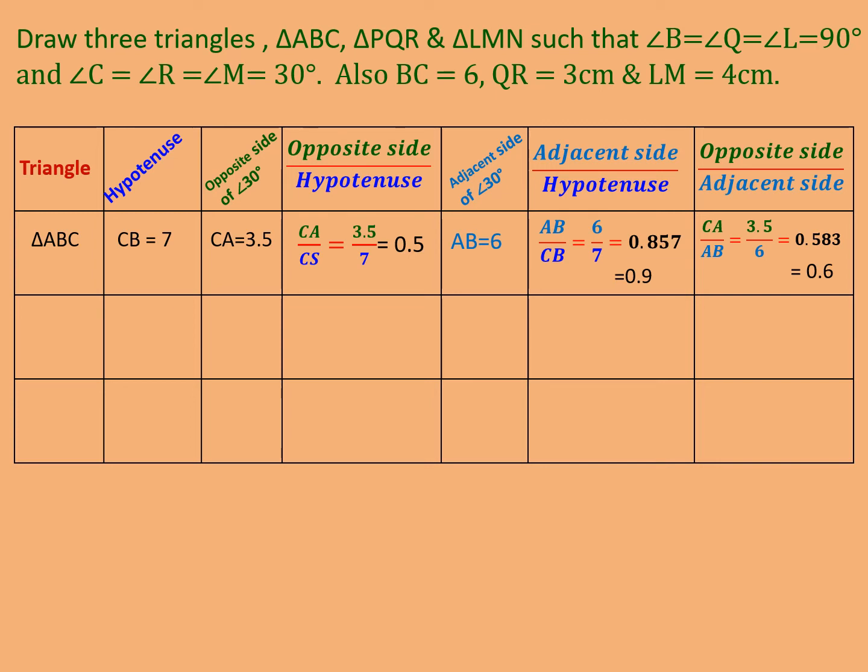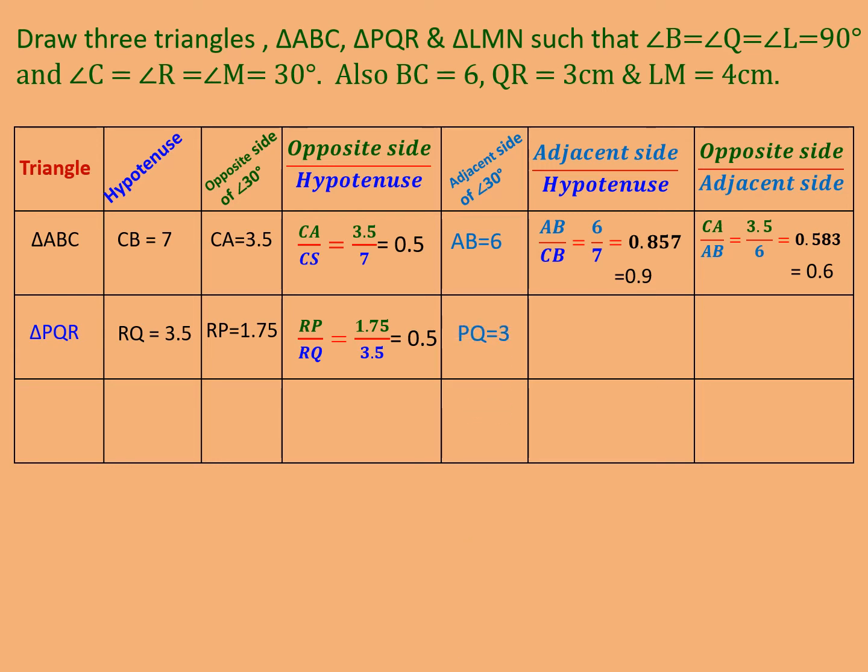CA upon AB, that is 3.5 upon 6, which equals 0.583. Again rounding it, 0.6. Another triangle PQR, in which we have RQ as the hypotenuse, 3.5, and RP is 1.75. Then we are finding RP upon RQ, that is 1.75 upon 3.5, which equals 0.5.